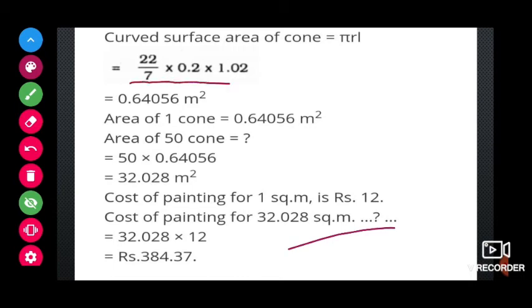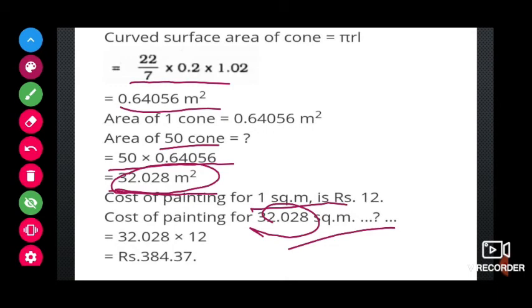So 22 by 7 into 0.2 into 1.02, we will get one cone's curved surface area as 0.64056 meter square. For 50 cones, 50 into this, we will get 32.028 meter square. Now cost of painting 1 square meter is 12 rupees. Then this many meters square will be this much into 12.